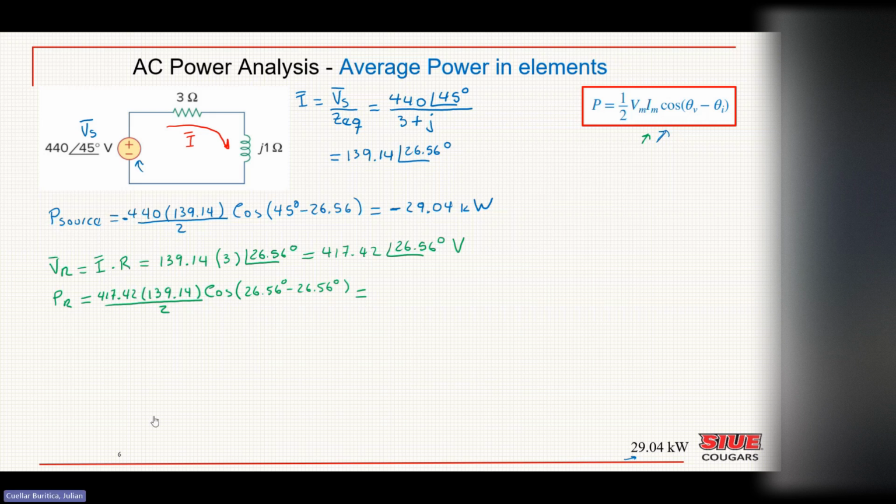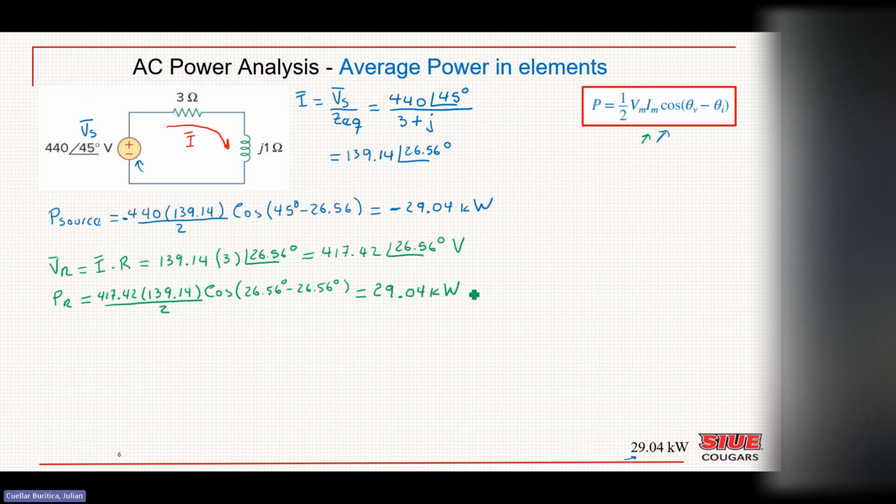Now, what we are going to get is the voltage times I magnitude over 2. And we'll see that we get exactly the same value as before, 29.04 kilowatts.